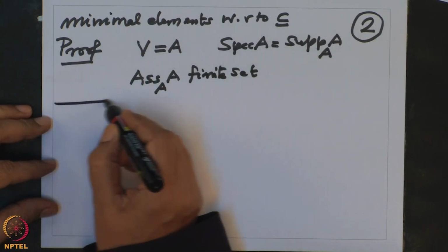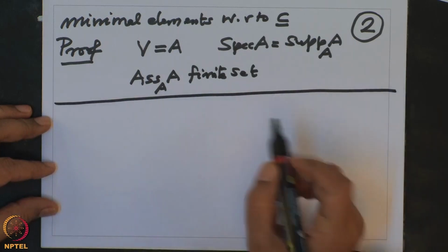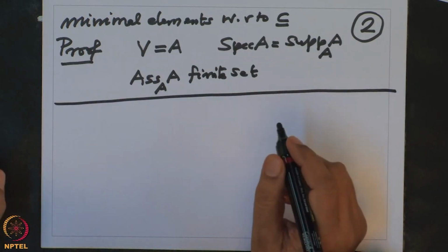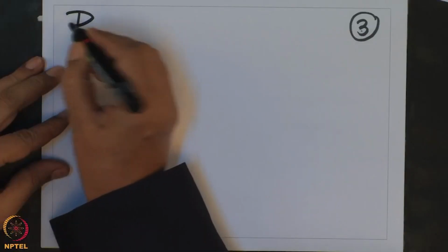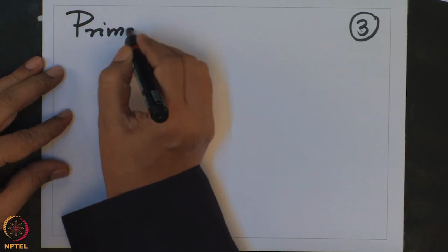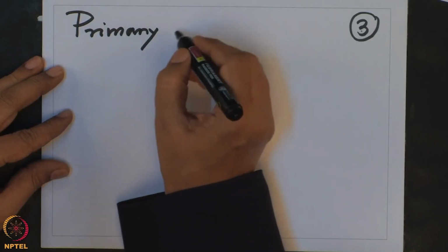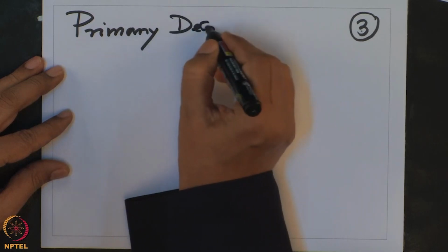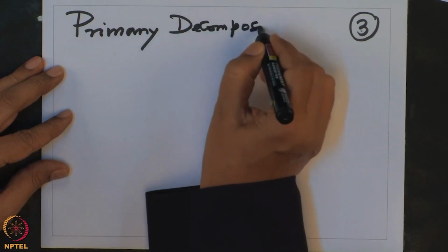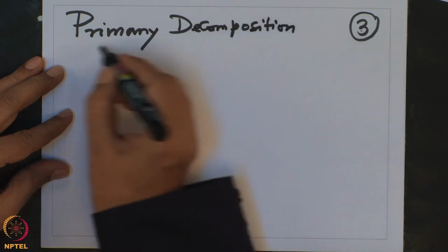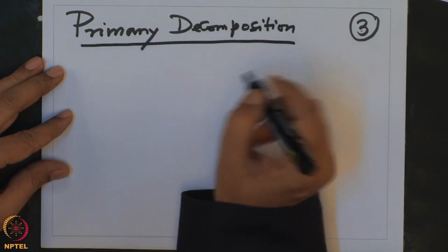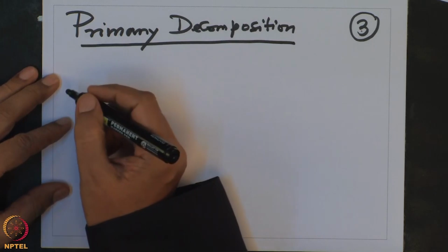All right, now we want to do a little bit more detailed study about associated primes and what is called primary decomposition. So now I want to study what is called primary decomposition. In this we will mostly assume the ring is Noetherian.